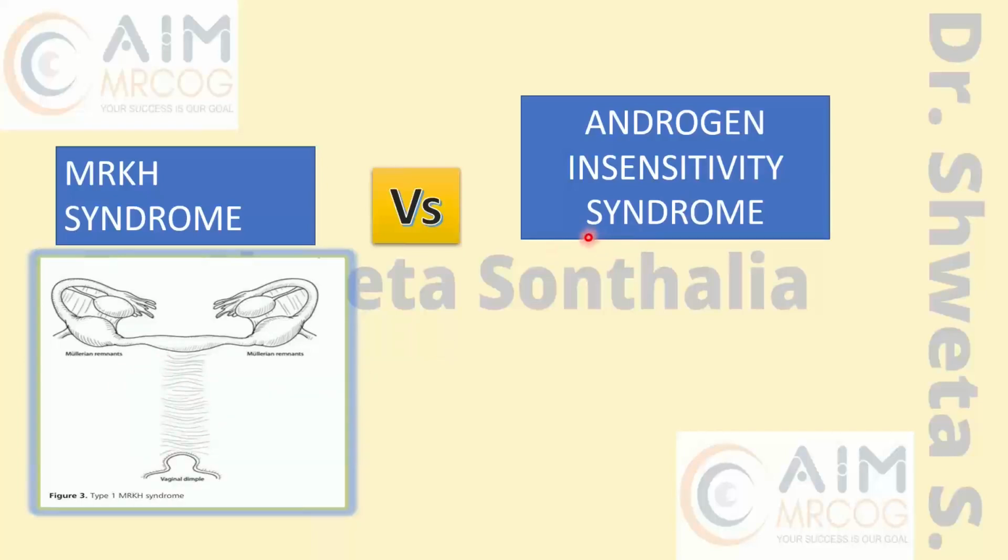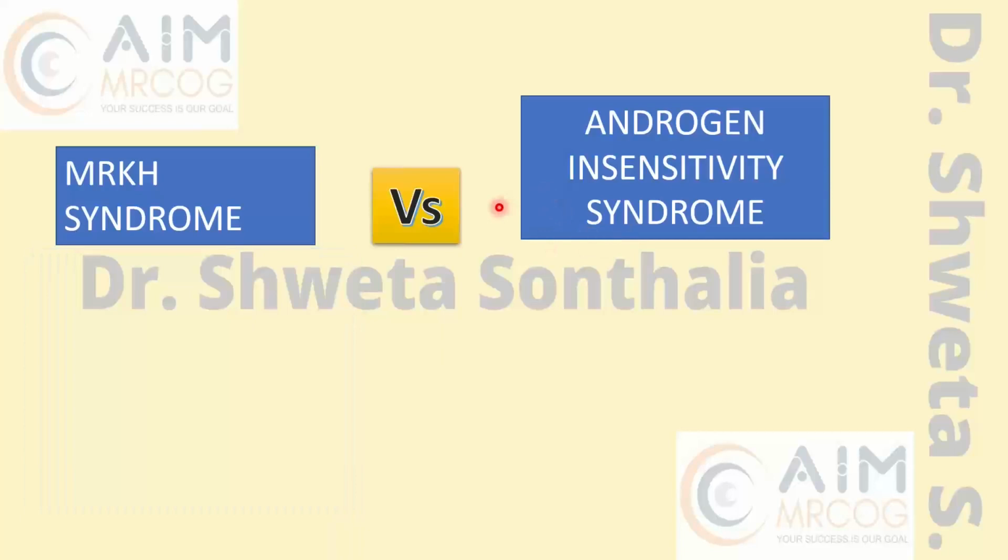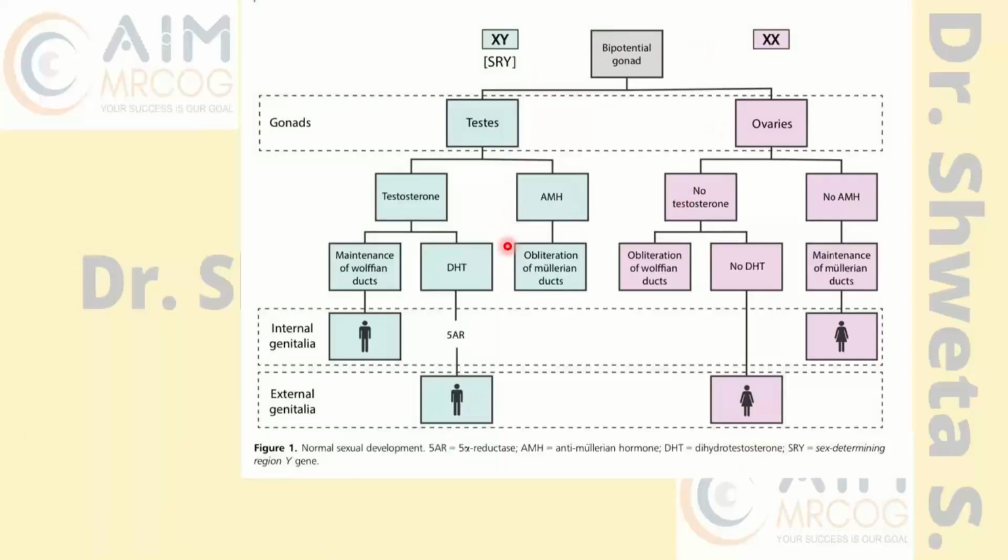Now, coming to androgen insensitivity, this dihydrotestosterone is not working. Androgen insensitivity means androgen is there, but it's insensitive. The word is saying insensitive. It's not working. The genitalia is insensitive to the hormone.